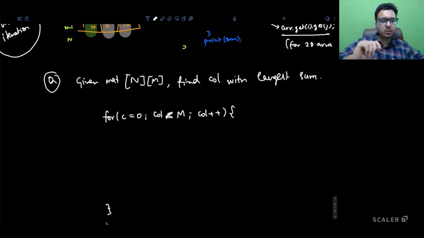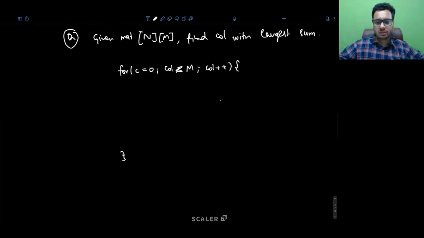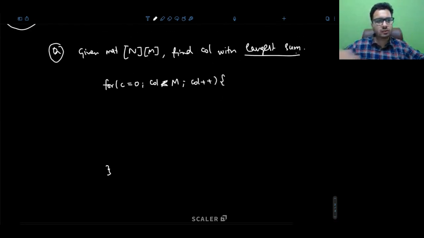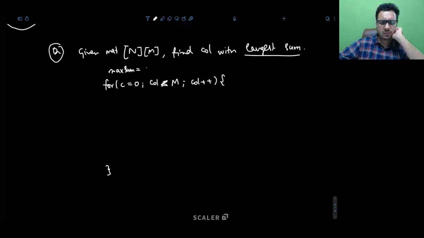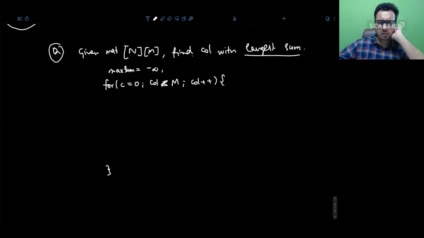Now what do I need to set? What is the information that I need to track? One is what is the largest sum I have seen so far. One is the sum of the current column. So can I say the maximum sum I have seen so far is, let's say, very small, minus infinity, and I also need to find the column.